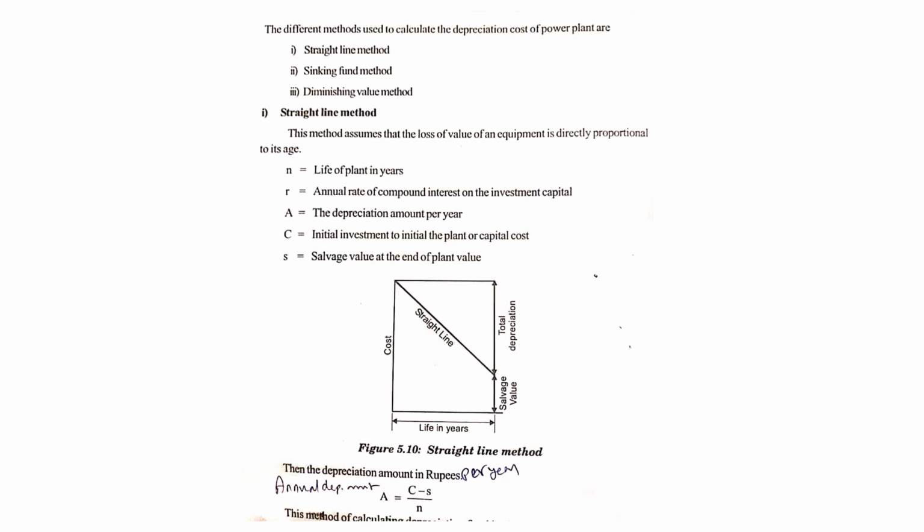If you look at the formula, annual depreciation amount A equals (C minus S) by N, where A is the depreciation amount per year, C is the initial investment or capital cost, S is the salvage value at the end of the plant life, 10 years or 20 years or 50 years, likewise.